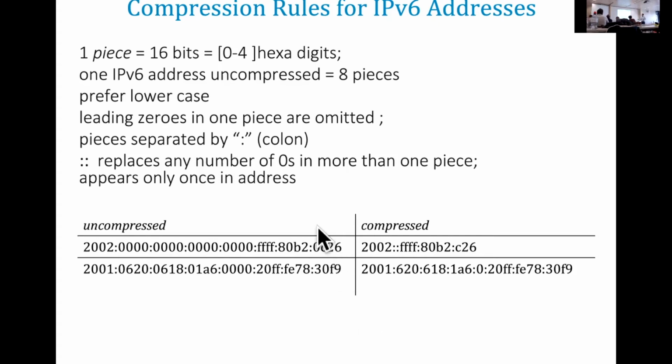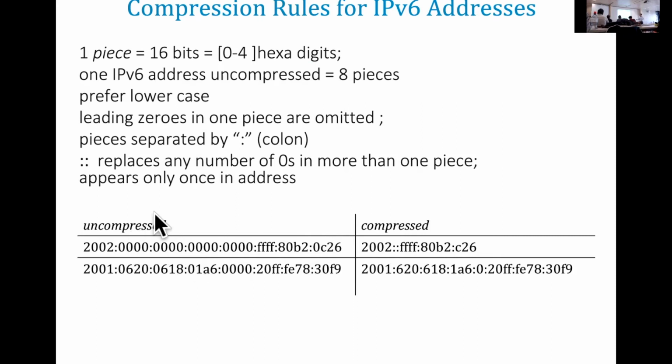The first thing is, in each piece, we can remove the leading 0. For example, here this piece is 0C26. This is a leading 0. We can remove it. That's the first compression rule. The other one, the more sophisticated one, is whenever we have consecutive pieces of 0.